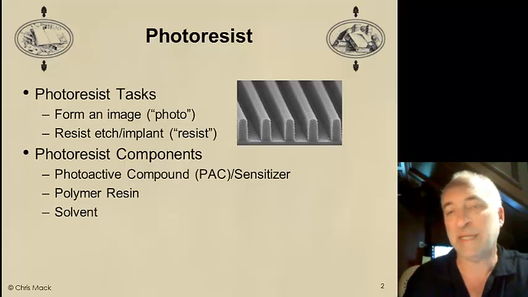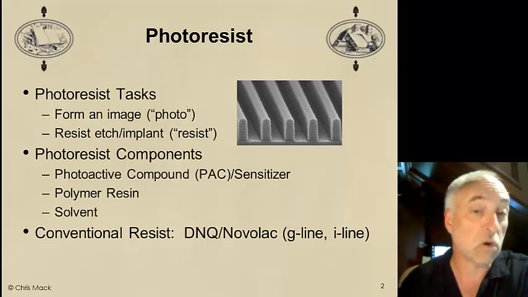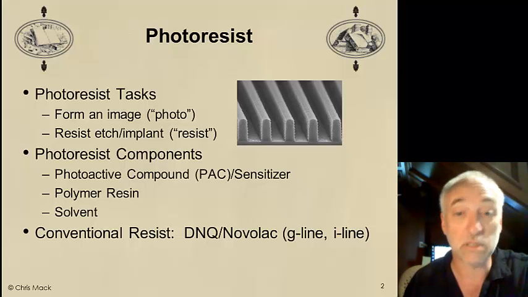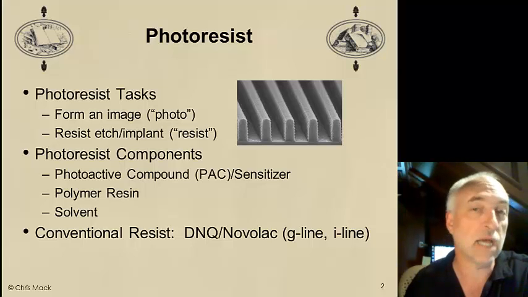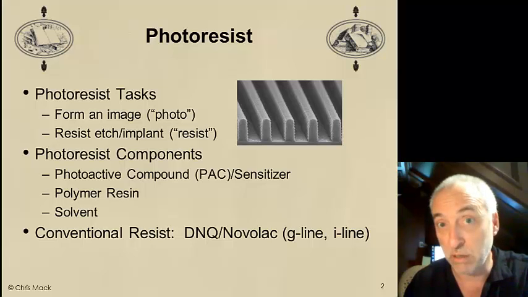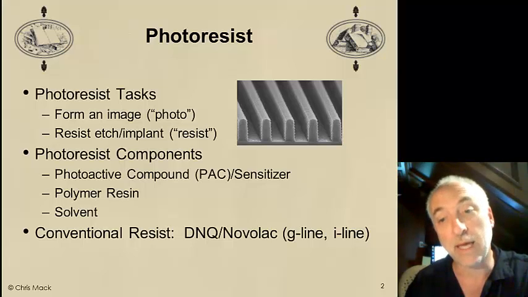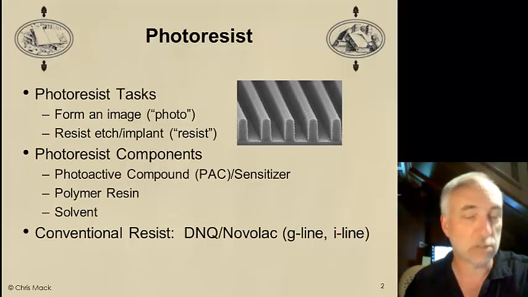The two main types of photoresists that we're going to talk about: first today we're going to talk about what are called conventional resists, such as the DNQ Novolak resist. These are resists used at the G-line and I-line wavelengths. Remember, G-line is a line of the mercury arc lamp spectrum, and it has a wavelength of 436 nanometers. So that's a visible light, kind of a deep blue color.